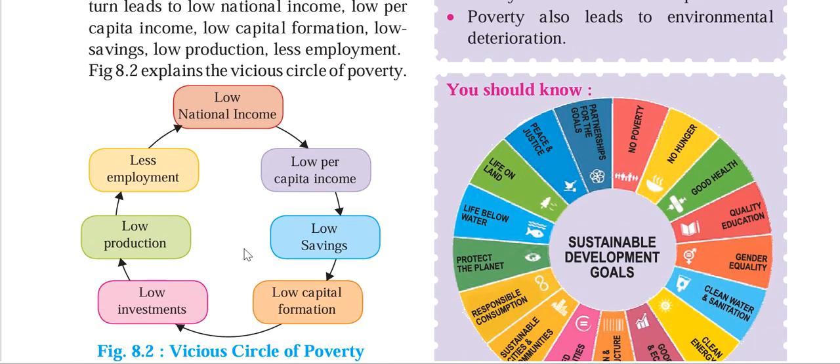It begins with low national income, low per capita income, low savings, low capital formation, low investment, low production, less employment. So, low income leads to low savings, leads to low investment, leads to low production, creates unemployment, and unemployment again causes low income. This cycle keeps repeating again and again. This is called the vicious cycle of poverty.